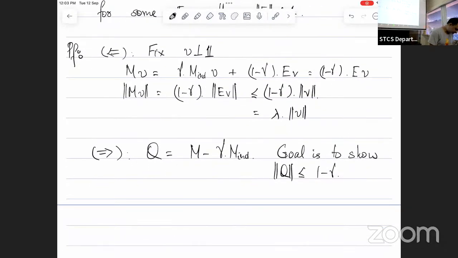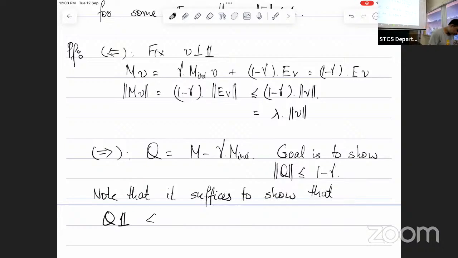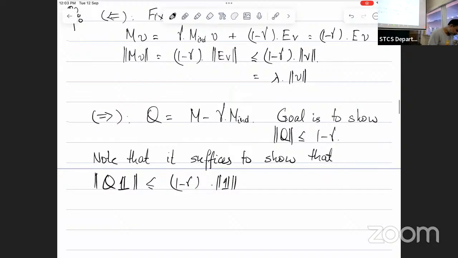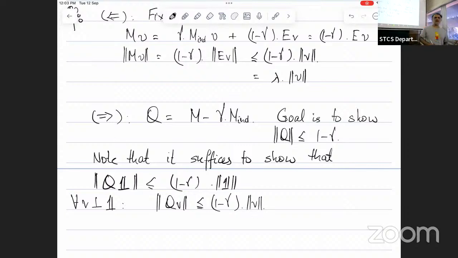Okay. And here note that it suffices to show that the norm of Q of all ones is at most 1 minus gamma times the norm of all ones, and for all V that is perpendicular to the all ones, the norm of QV is at most 1 minus gamma times the length of V. This is just Pythagoras theorem.